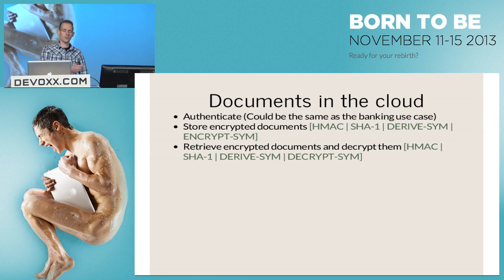We want to derive the key from a passphrase, because if you're using another computer, you want to also be able to retrieve your documents and decrypt them. So there we use an HMAC SHA-1, and we derive a symmetrical key from our password. I will go into details in the next slide. We use the same way to decrypt the document because it's a symmetrical key. So it's the same key that we use to decrypt.